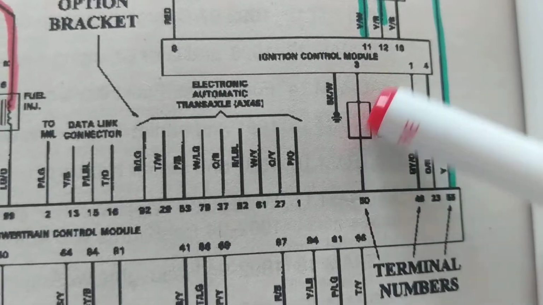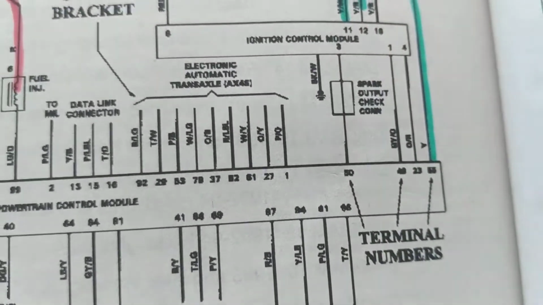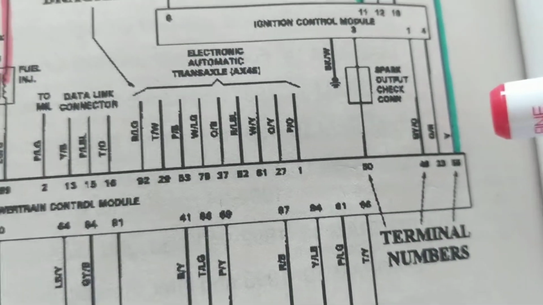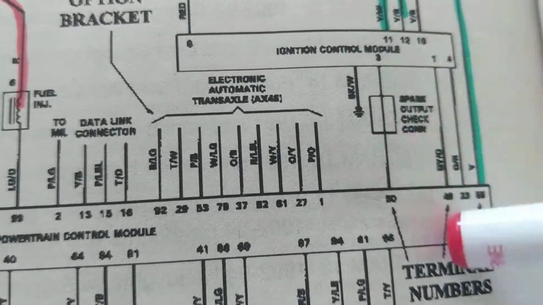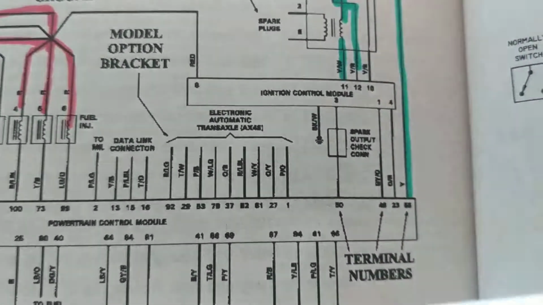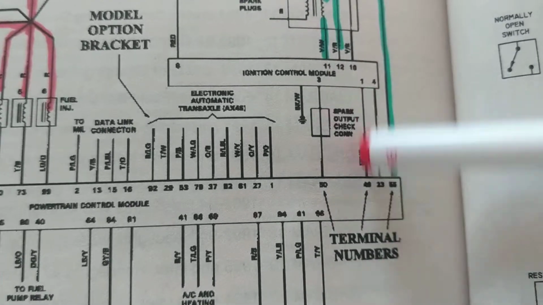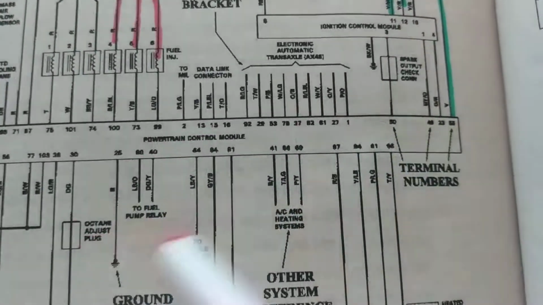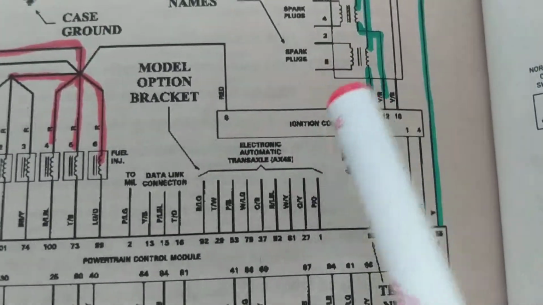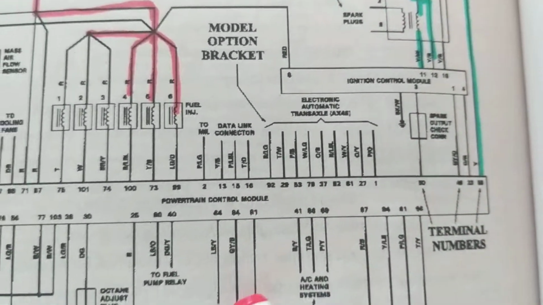Sometimes you have pre-ignition. Sometimes you have detonation, which means you have hot spots in the engine. That means you have to retard, delay the spark. All this is determined by the PCM when to open up the winding.